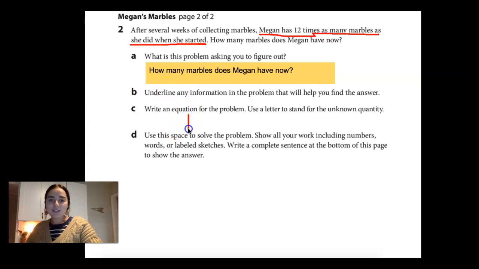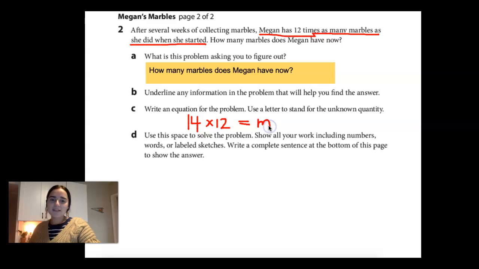So our equation could be 14 times 12. Are we done here? 14 times 12, is that an equation? Nope, we need that equal sign and we need to use a letter to stand for the unknown quantity. Since our unknown quantity is the number of marbles she has, let's use an M for marbles.